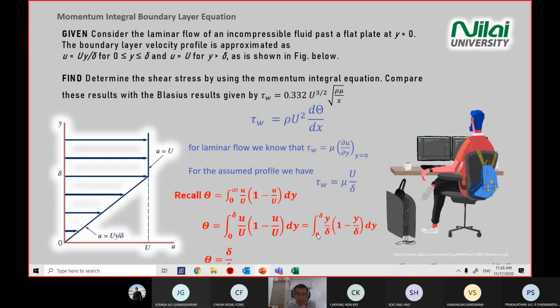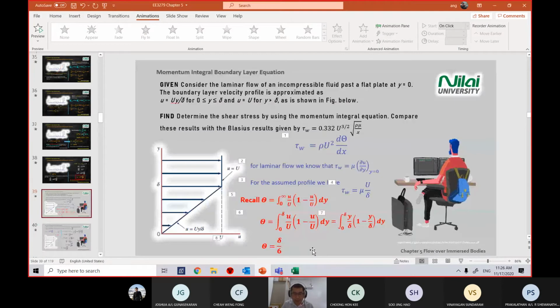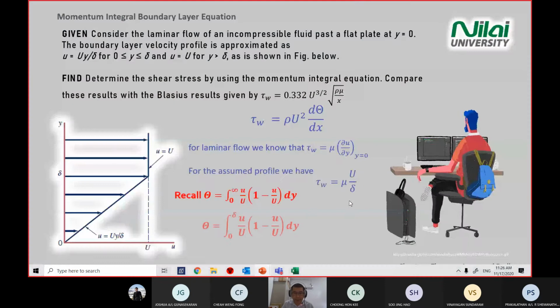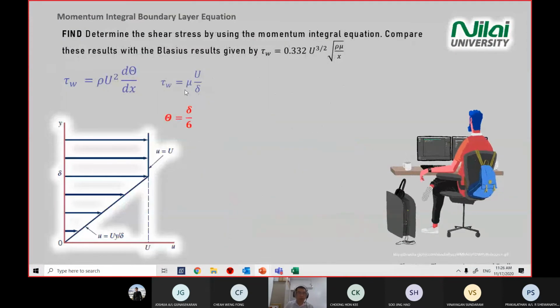Then if you integrate, you will see that your momentum thickness equals the boundary layer thickness divided by 6, yeah, divided by 6. Then you pull all the equations together, we start to build, and then we compare with last year's results.